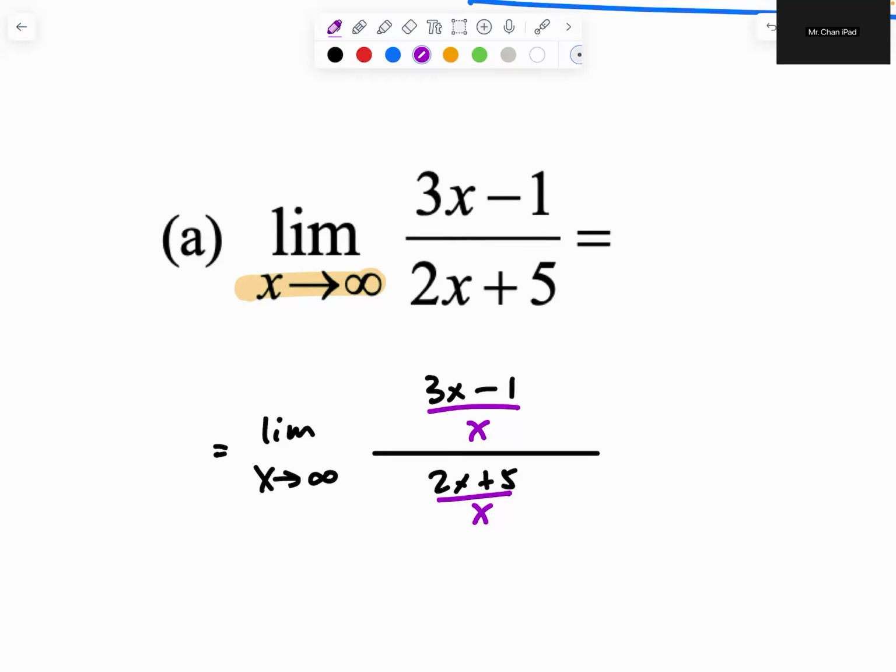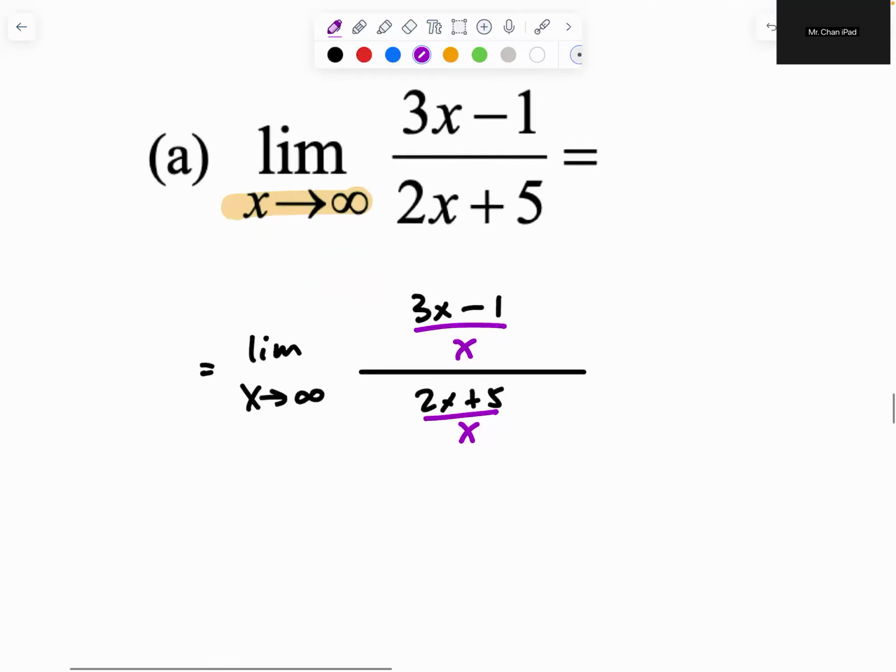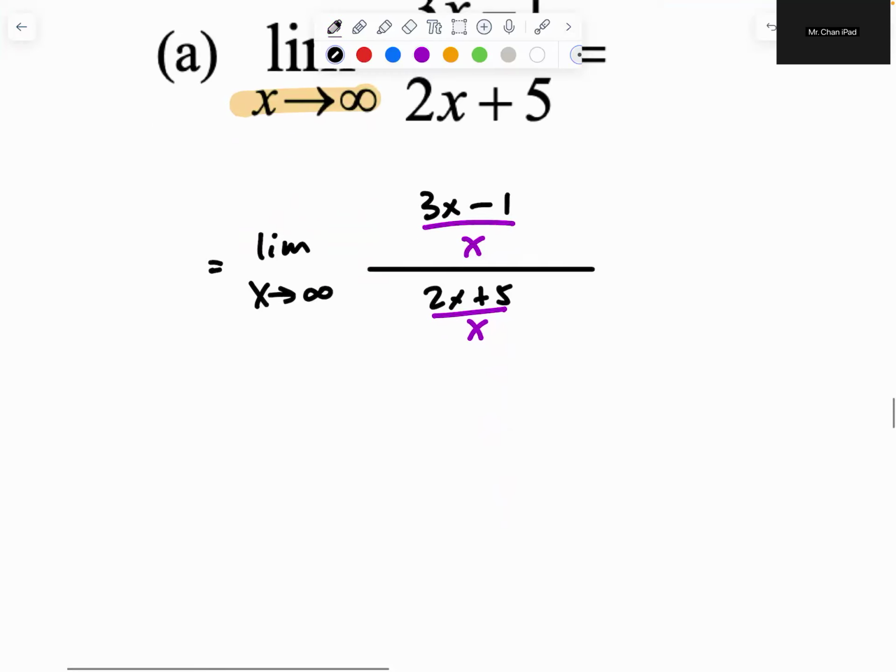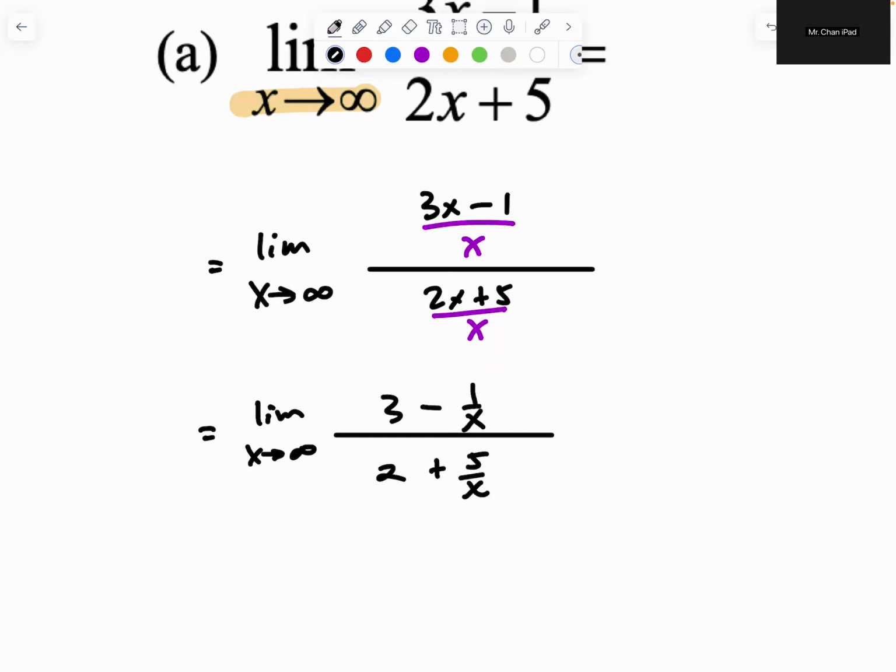What good does it do if you divide by the greatest power? The greatest power is 1, for the x. So we just divide by x. So we get 3 minus 1 over x, over 2 plus 5 over x.